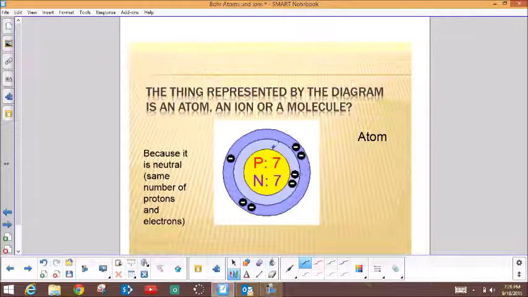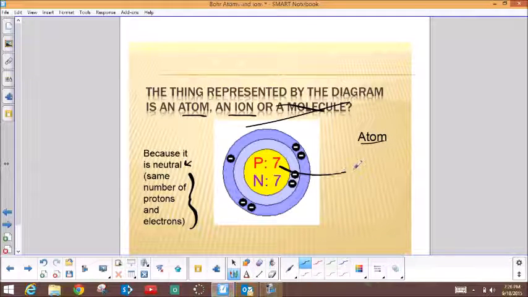The next kind of question that you'd be asked is whether or not this is an atom, an ion, or a molecule. The molecule word is just kind of a decoy, because with only one thing, you can only be an atom or an ion. This particular one says it's an atom. Remember, atoms by definition are neutral, which means they have the same number of protons as they do electrons.